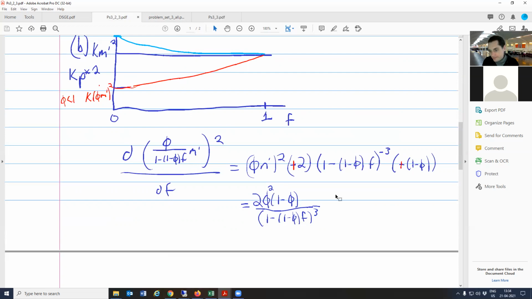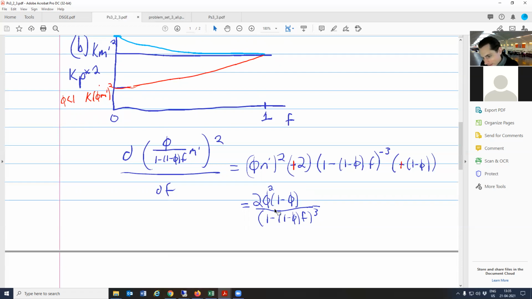I should be careful. Suppose phi is greater than 1, it's positive. Suppose phi is less than 1, it's positive too. Yeah, so this denominator is always positive. Okay, so we're increasing if phi is less than 1, and we're decreasing if phi is greater than 1.